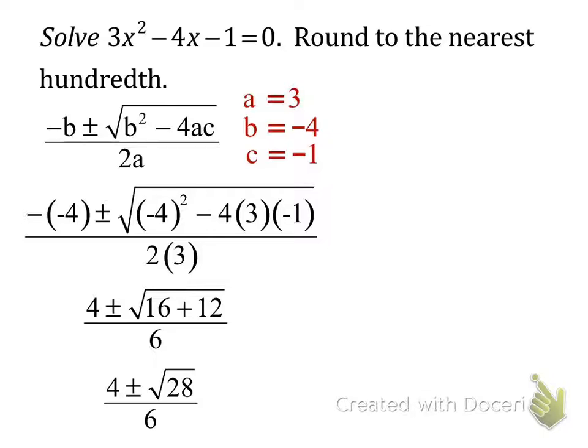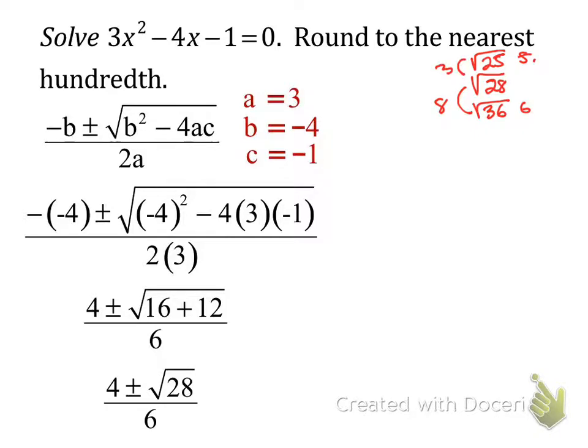I can estimate. They want us to round to the nearest hundredth. Now, I can estimate the square root of 28, and I'm going to show you how to do that. 28 is between 25 and 36. So my guess is going to be, this is 5, this is 6, it's like 8 digits, and this is 3 digits.